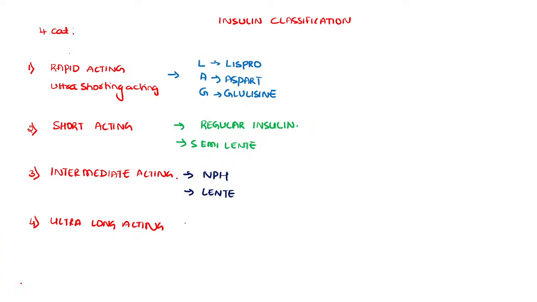Under the ultra long acting, you have a very important drug, that is, you have Detemir, you have Glargine, and a very important drug, that is Degludec.